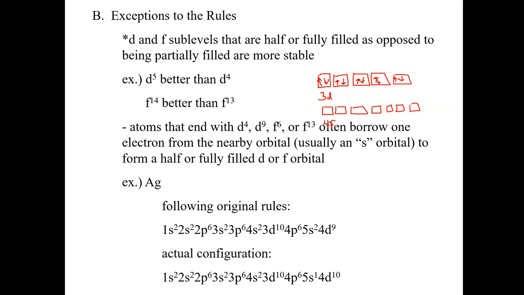Okay. All right. So at this point, you should start to have a pretty good idea of how to do electron configurations. And, by the way, I would expect that now you should be able to do some of your homework on electron configurations. But here's what we're going to find out. The way that we're doing this, like for instance, this one that we did for silver, takes too long.